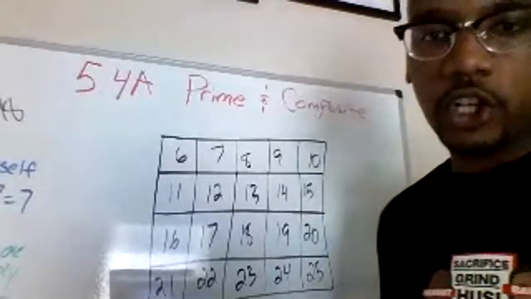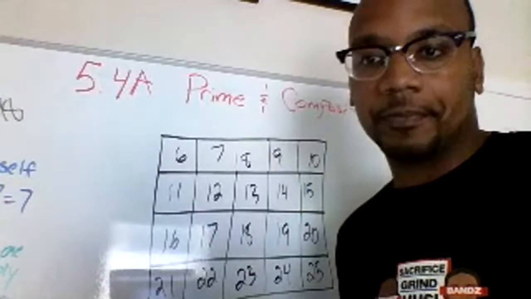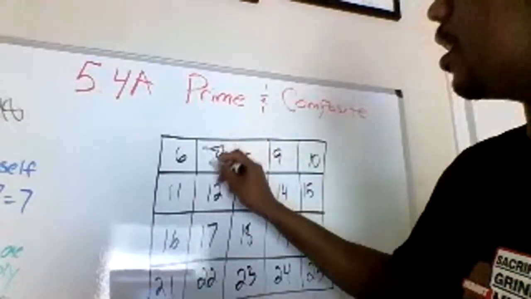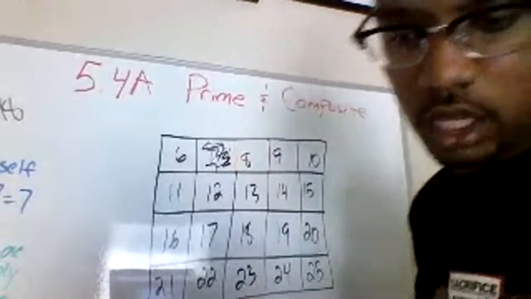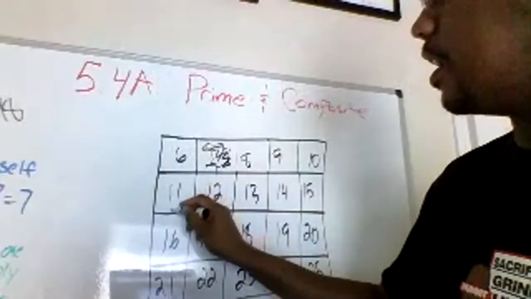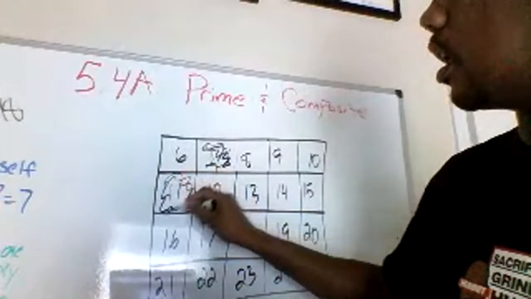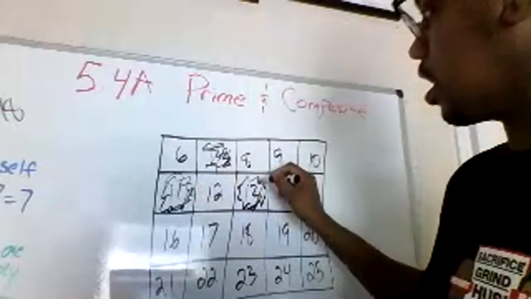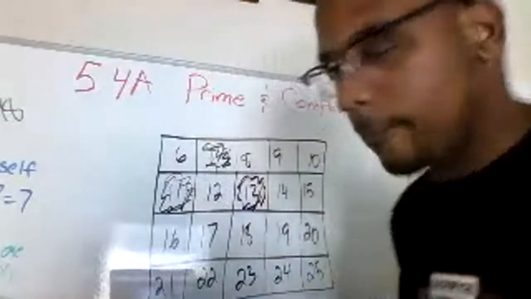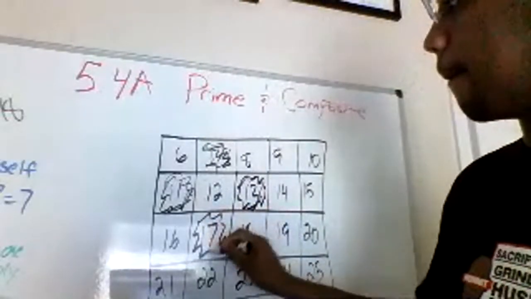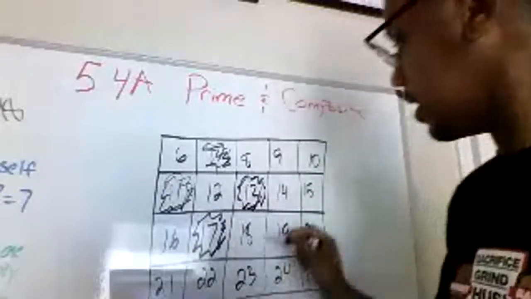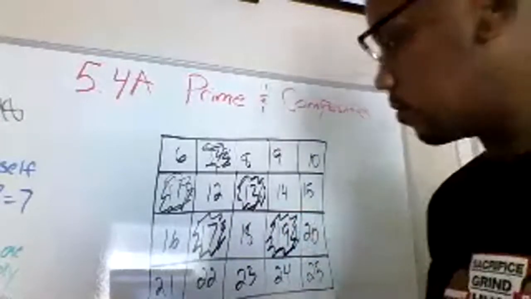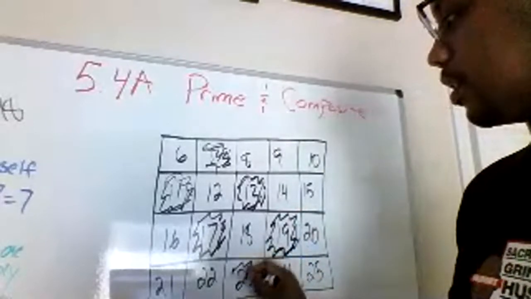Now I got Clara's chart. Now I'm about to shade the numbers that she had shaded. She had 7 shaded, 11 shaded, 13 shaded, 17 shaded, 19 shaded, 23 shaded.